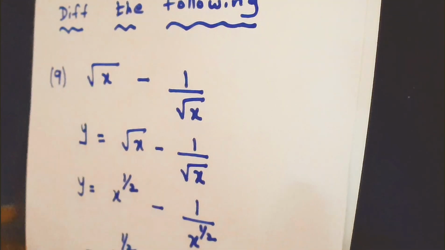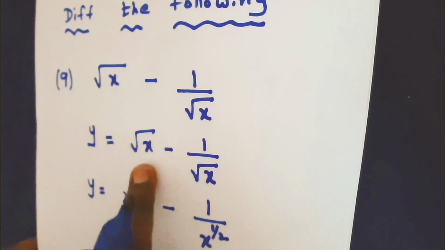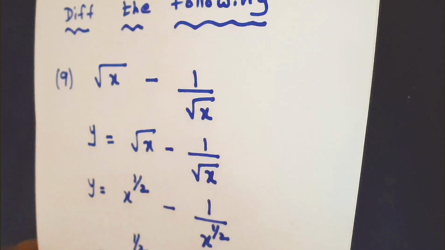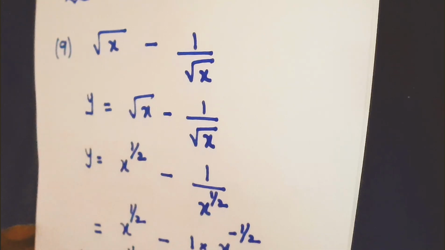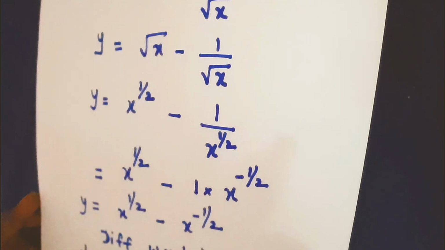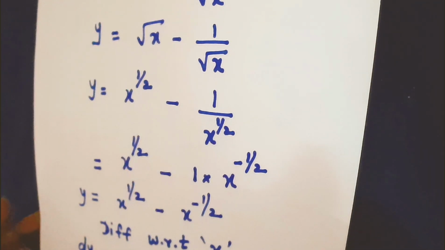First we simplified, okay? We assigned to the variable y, and then root x can be written as x to the power half minus 1 divided by root x can be written as x to the power half. I brought the x to the power half to the numerator, become x to the power minus half.